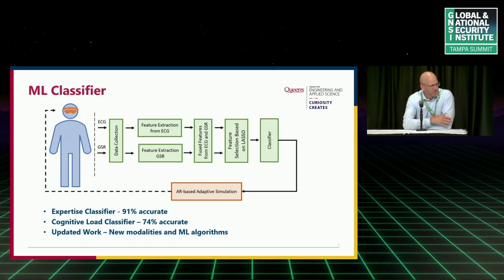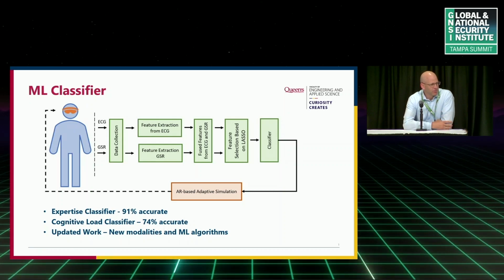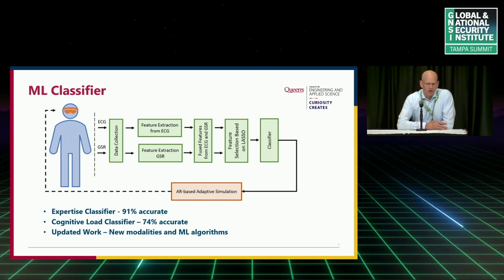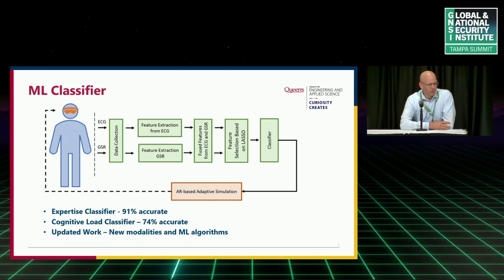So if you go to the next slide. Basically this is the pipeline, that feedback loop. In this case, the initial one was just galvanic skin response, so sweating, and ECG, so heart rate monitors, going in, taking that, putting it through a convolutional neural network, bringing it back, and adapting the simulation in real time. What we're really trying to do is look at cognitive load and expertise.